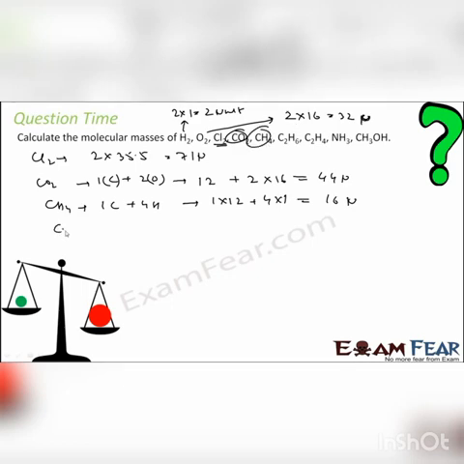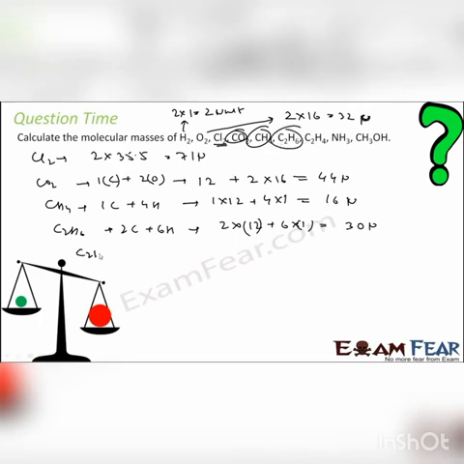Done. C2H6, 2 carbon plus 6 hydrogen. 2 into 1 carbon each is 12 unit. 6 into 1. And you solve this, you get 24 plus 6, 30 unit. Okay.